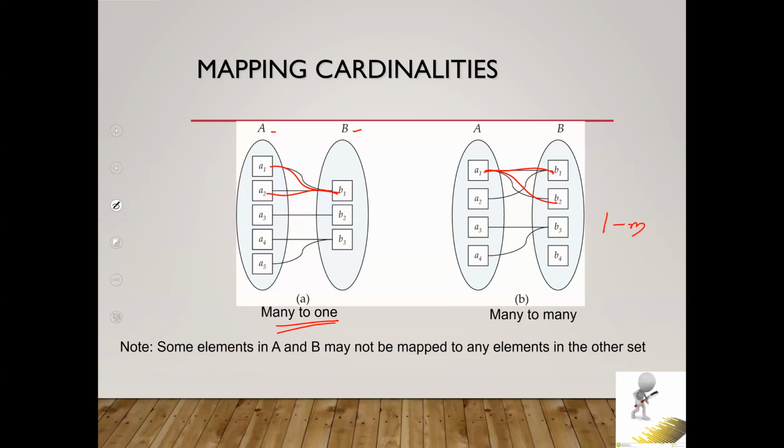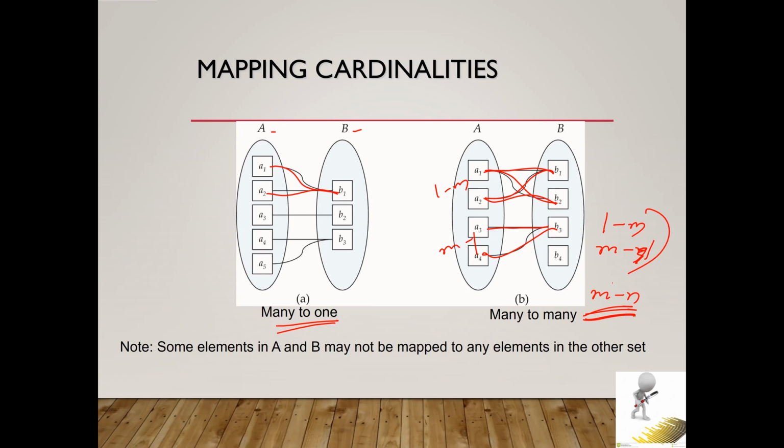And if you look at the reverse, many is mapped to N. So a combination of these, you can say it is an M to N relationship. You have a 1 to M over here, and you even have an M to 1 over here. You combine both, you do have a many to many relationship. These are basics which you have in mathematics.